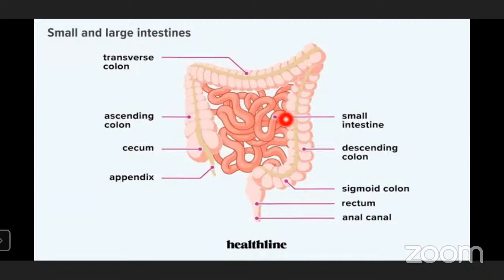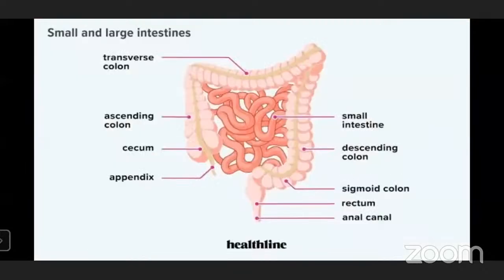First the small intestine, then the descending colon, sigmoid colon, transverse colon, ascending colon, cecum, and this one is the appendix. This is the rectum and anal canal.